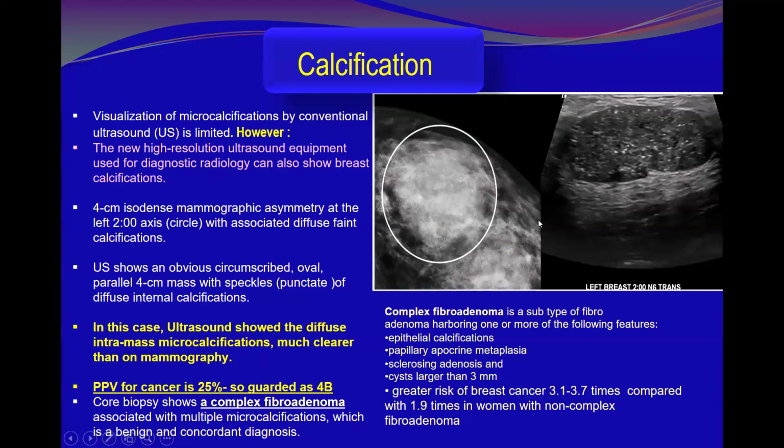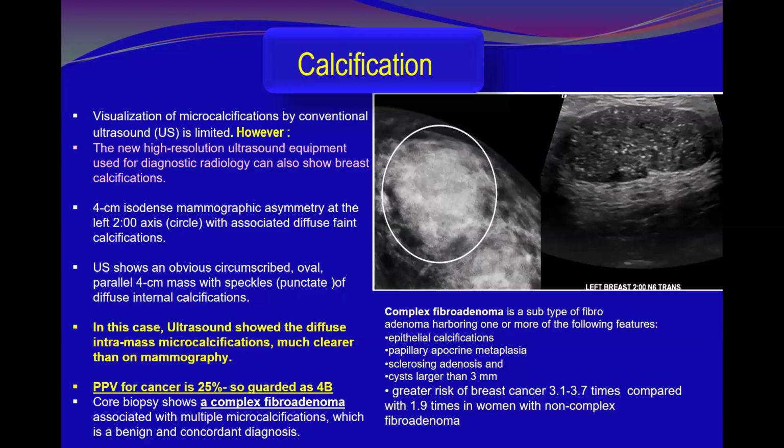Because the mammogram is so dense, the calcification is more appreciable on ultrasound than on mammography. As mentioned earlier, the positive predictive value for cancer with punctate calcification is considered to be 25%, so in the range of BI-RADS 4B. So we recommend biopsy.